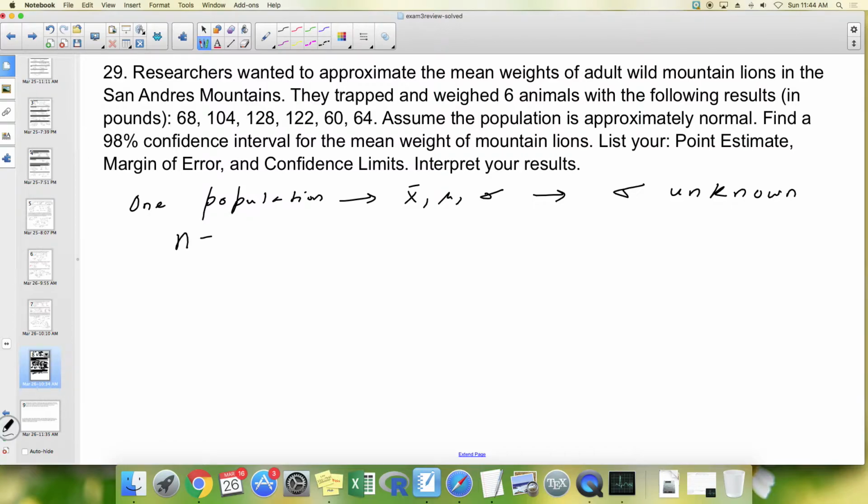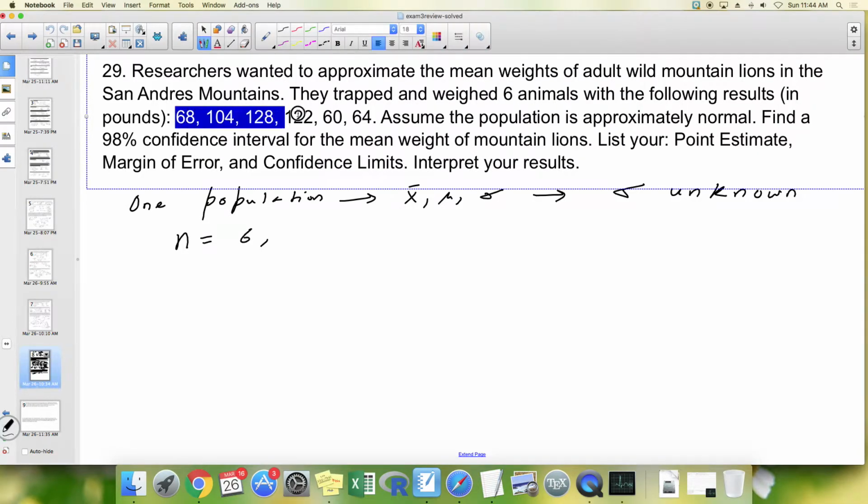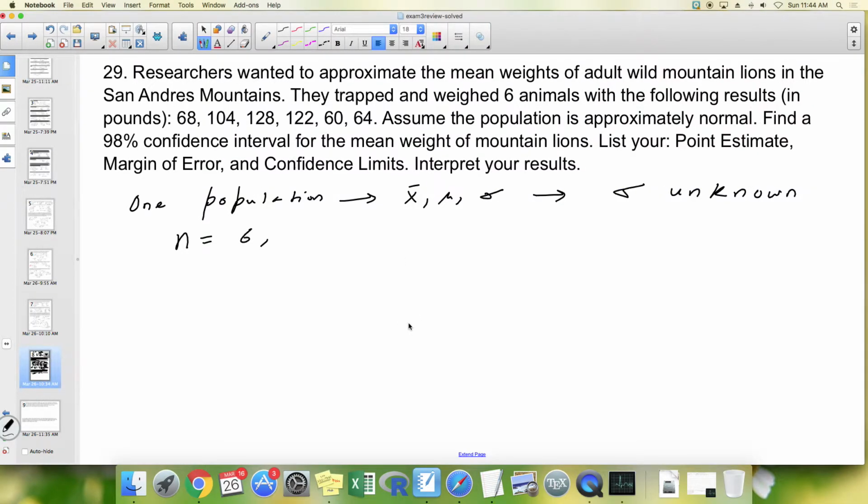Obviously n equals 6, and they have given us the actual data points. So with these data points, we can find x bar and we can find s. We have done this in exam 1. So given a list of numbers, how to find x bar and how to find s, we have done this.